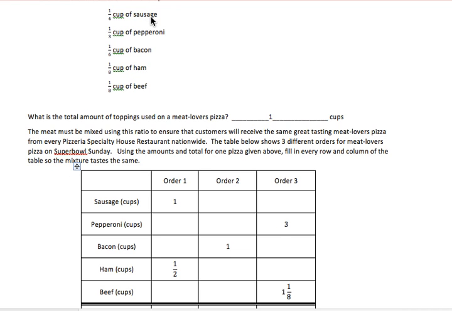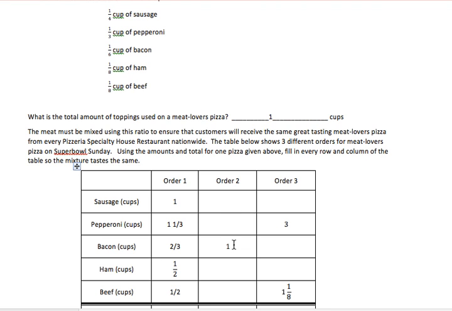So then our constant would be 4, and for each of these values we would multiply the original amount by 4. That would give us 1 1/3 cups of pepperoni, 2/3 cup bacon, because we're going to get 4/6 and then we'll simplify it to 2/3. Obviously the 1/2 for ham, which is already there, and 1/2 for beef, because that's the same amount anyway.